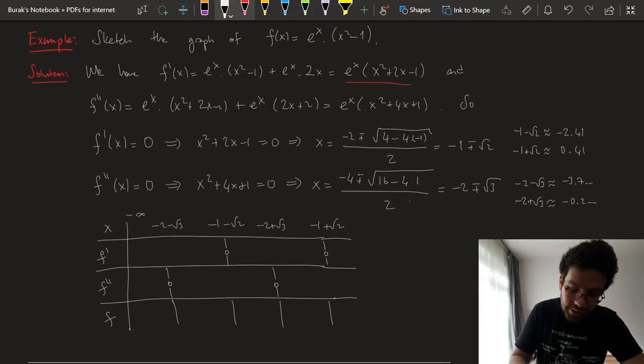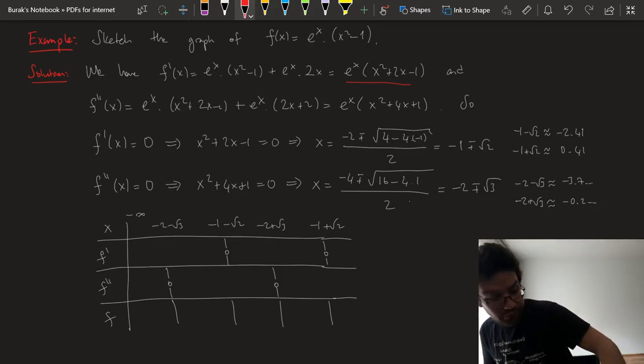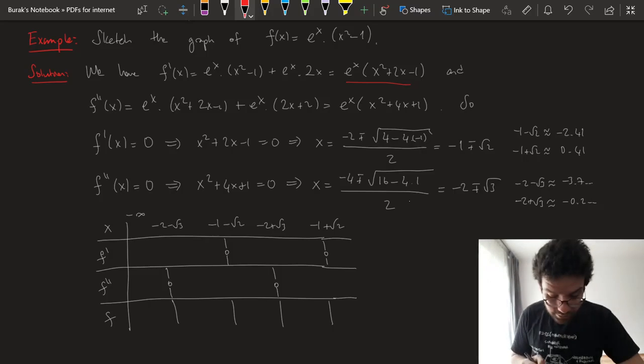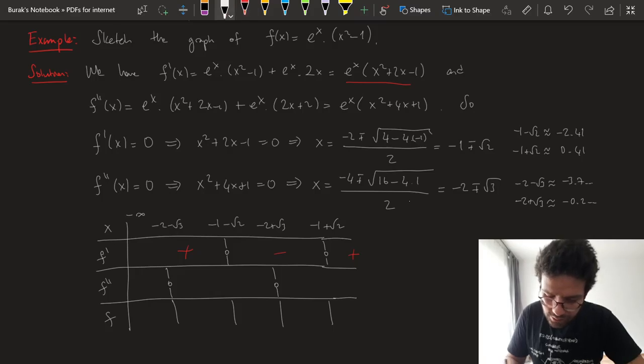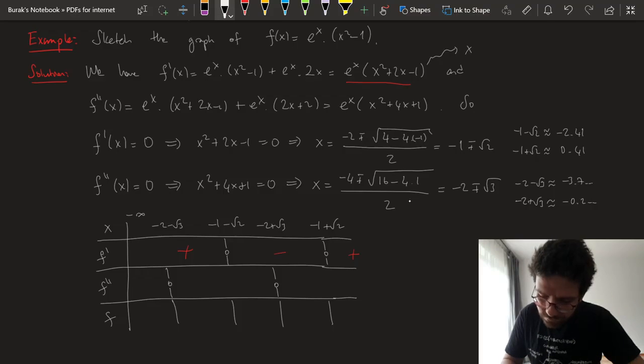So what are the signs of the first derivative and the second derivative? You can actually check that. The sign of the first derivative over here is negative. Wait, what? No, it's positive, negative, positive. Because I already found the roots of this.